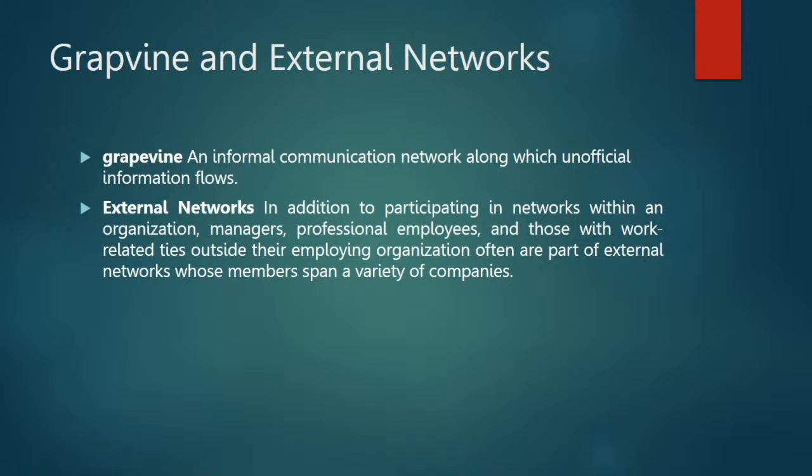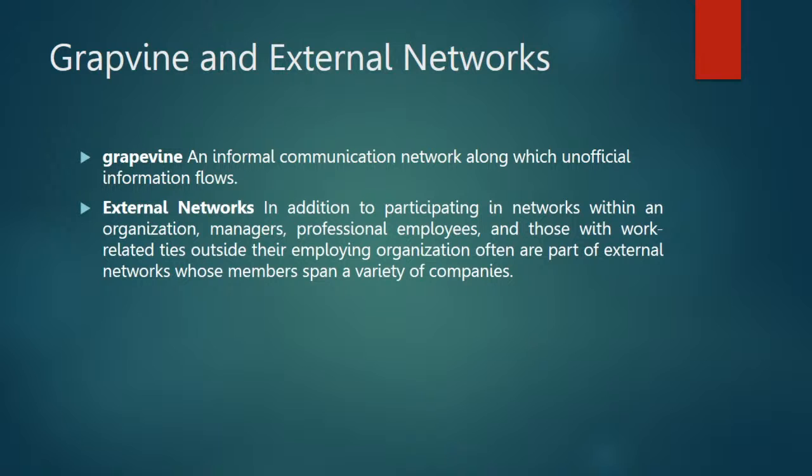Now, another type of informal communication is termed grapevine. Grapevine refers to an informal communication network along with unofficial information flows. This unofficial information may be any type of information which may flow among organizational members.